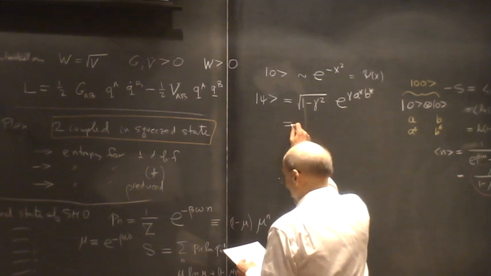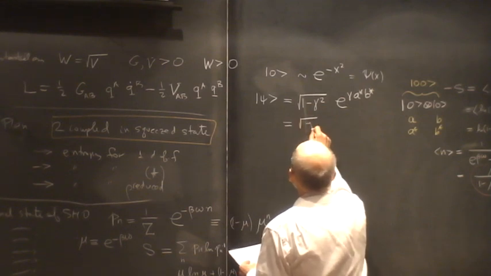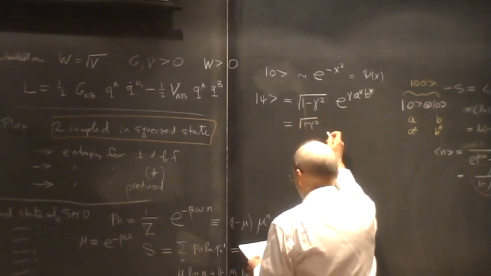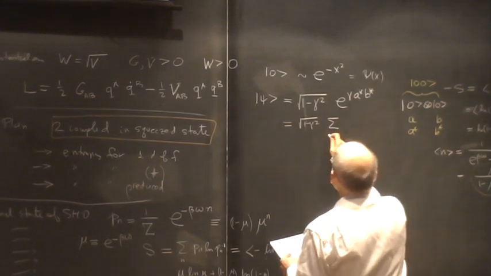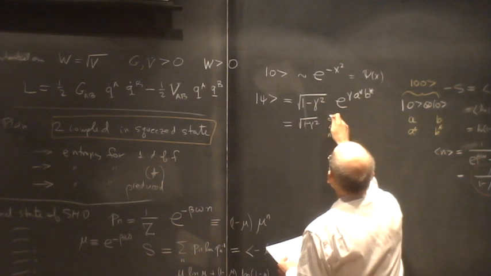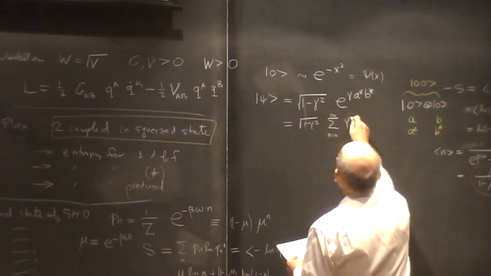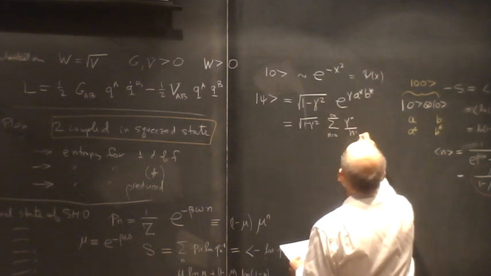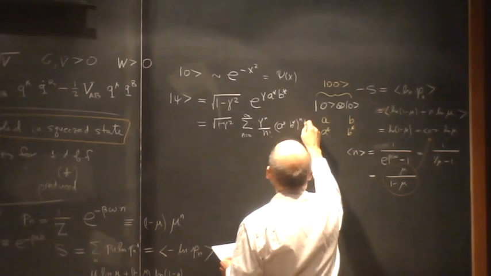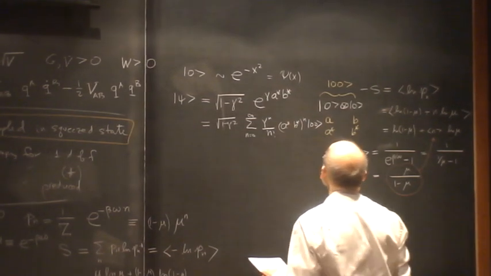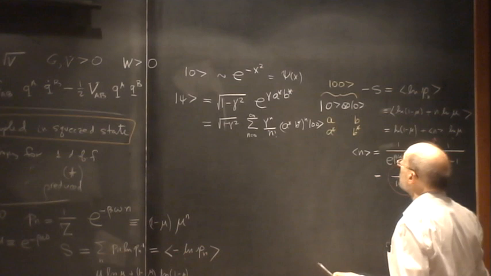And this is equal to the square root of 1 minus gamma squared times the exponential. If I expand out the exponential, then I get the sum from 0 to infinity of gamma to the n over n factorial times (A dagger B dagger) to the n times this |0,0> state.